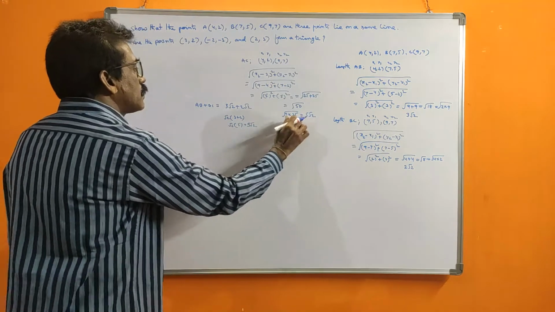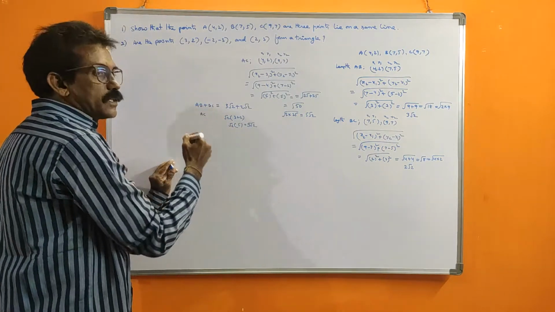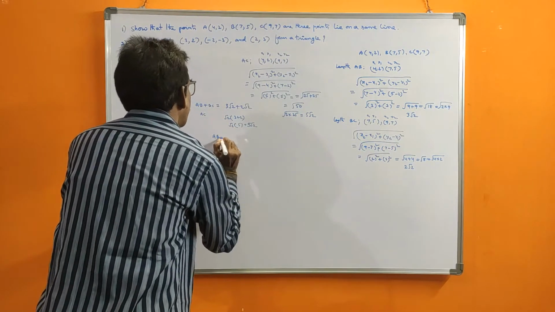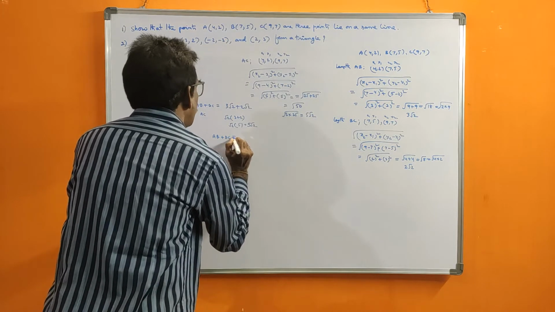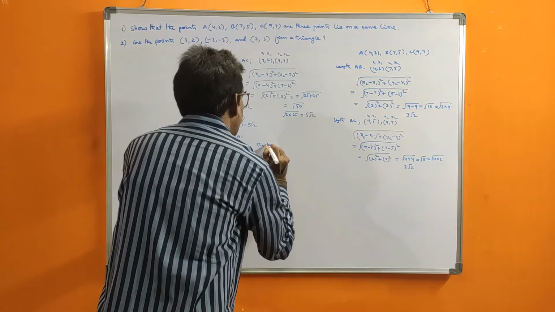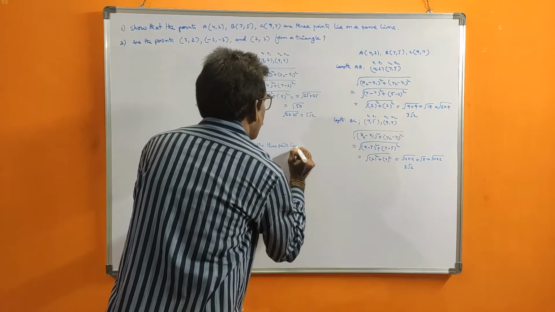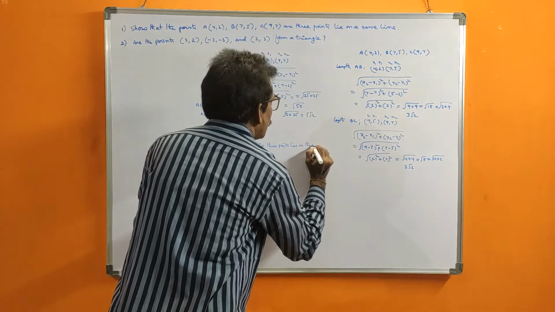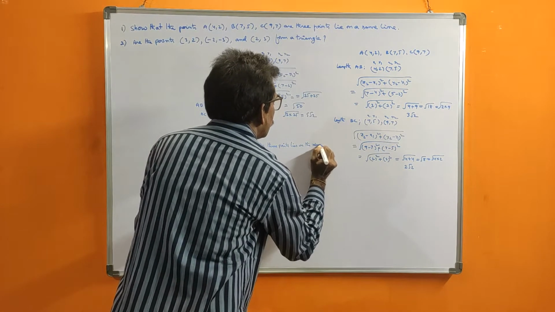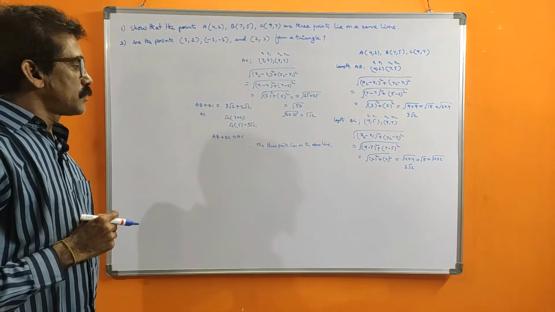That is equal to AC. Therefore the condition is satisfied. What condition? AB plus BC is equal to AC. Therefore the 3 points lie on the same line.